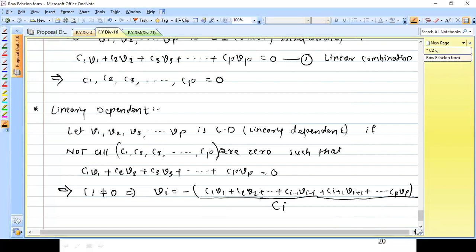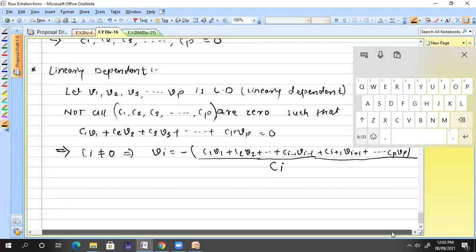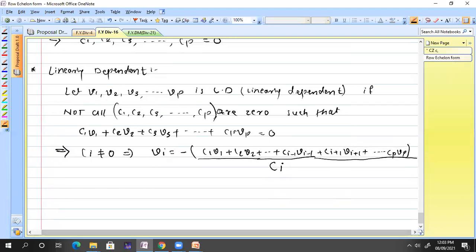It means we can divide by that constant and easily find one vector which is nothing but a linear combination of the others. So that's why it is dependent.